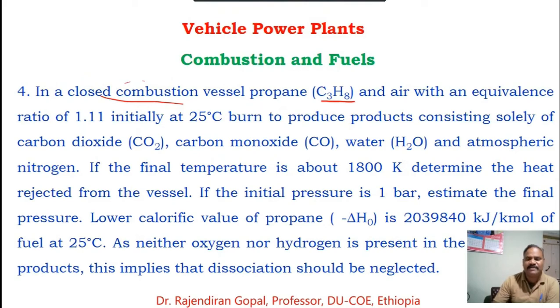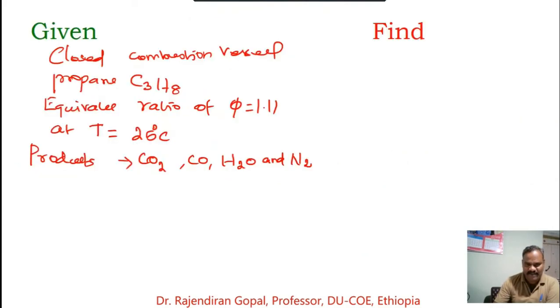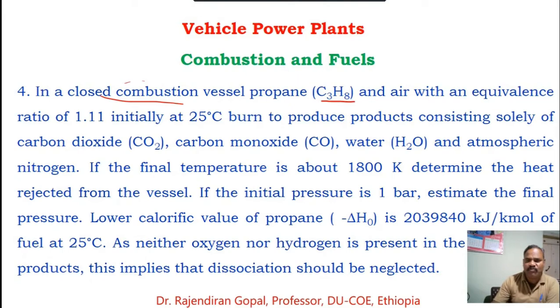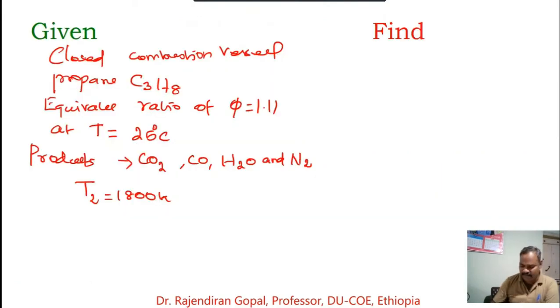If the final temperature is 1800 Kelvin, determine the heat rejected from the vessel. If the initial pressure is 1 bar, estimate the final pressure.